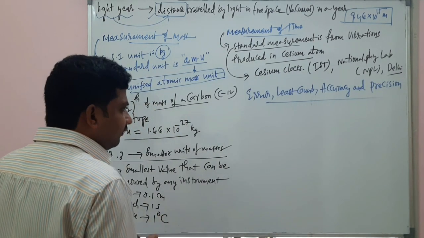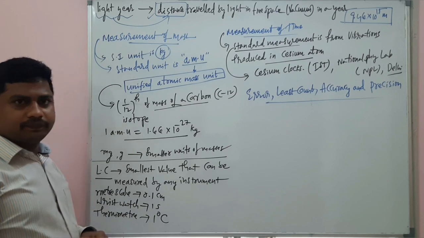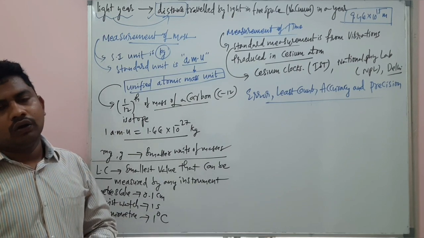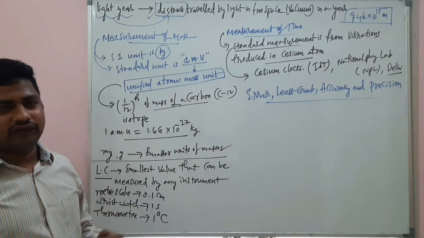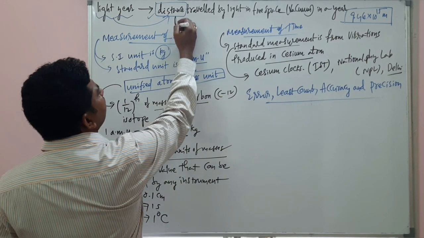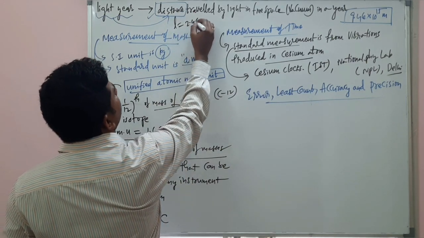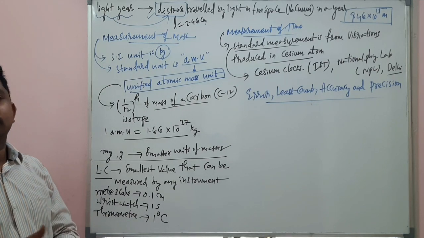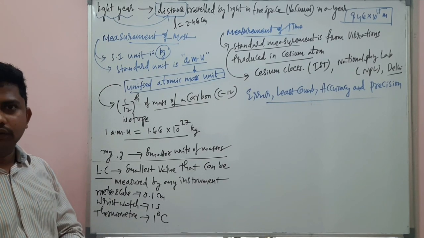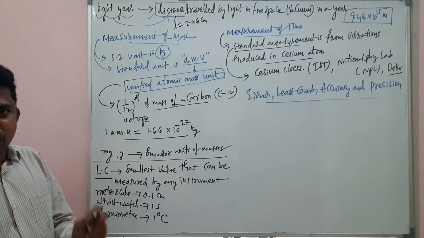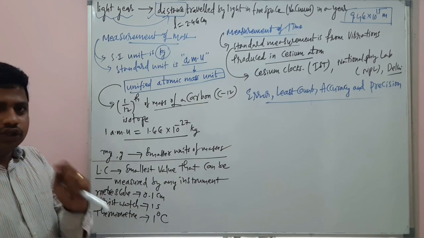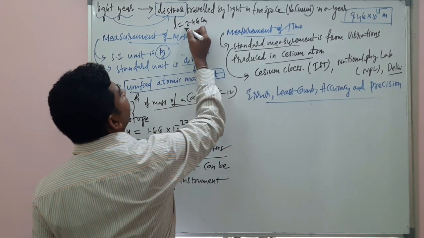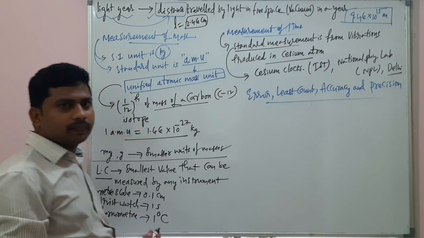Now, for example, I have an instrument which measures the length of an object. The length of an object is measured as 2.46 centimeters. That may be the diameter, the radius, anything. So a length is measured with an instrument and I got a result of 2.46 centimeters.